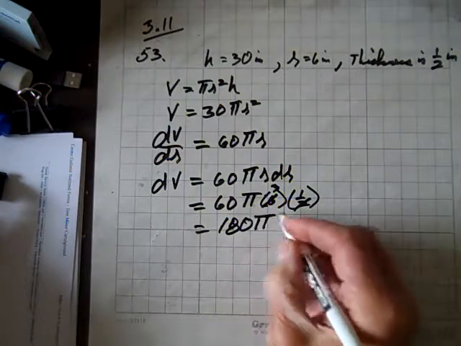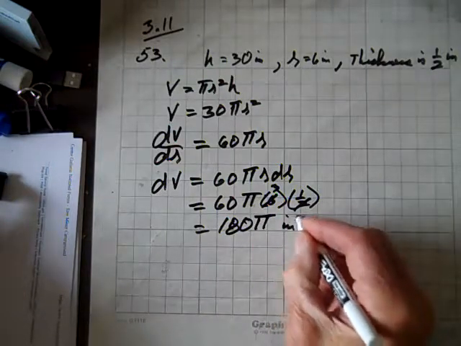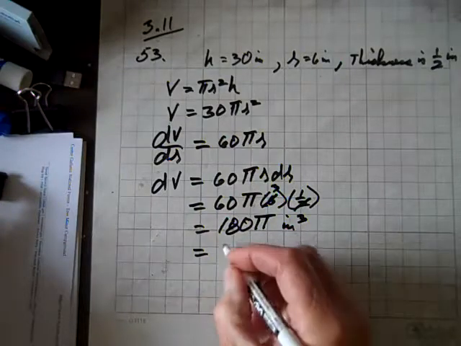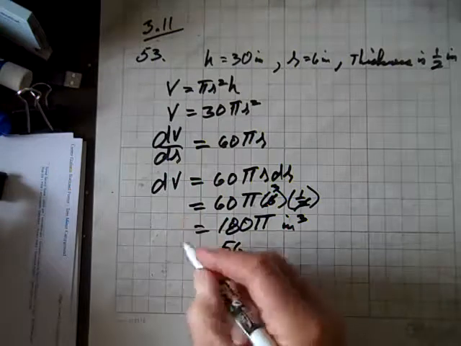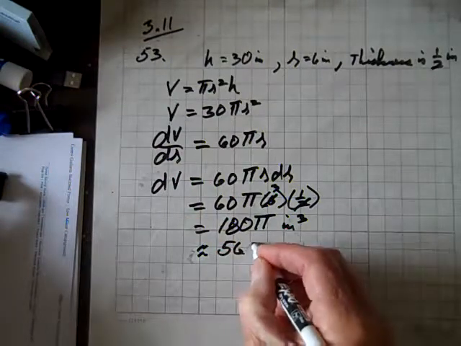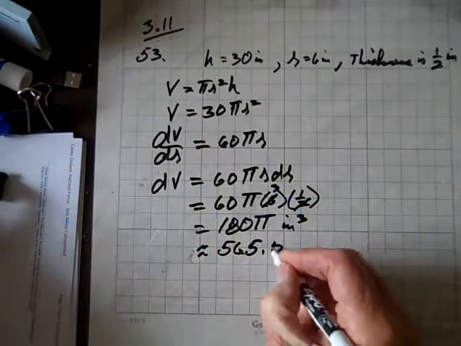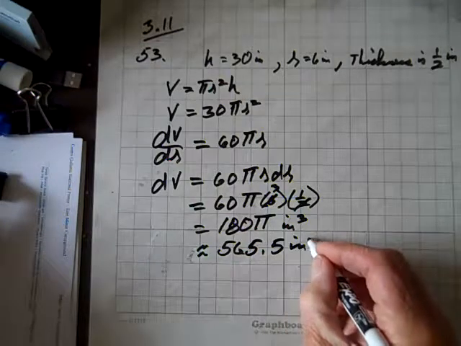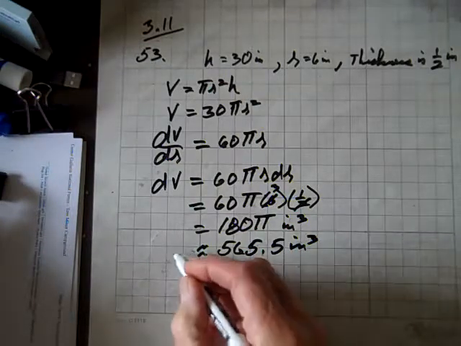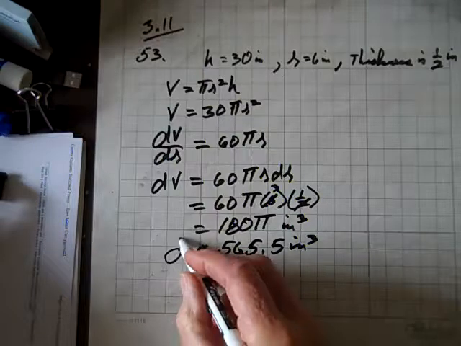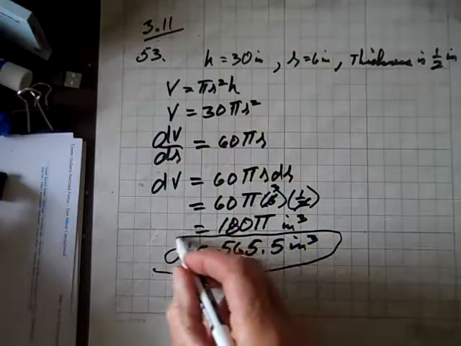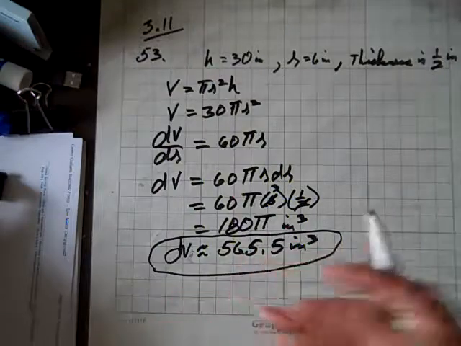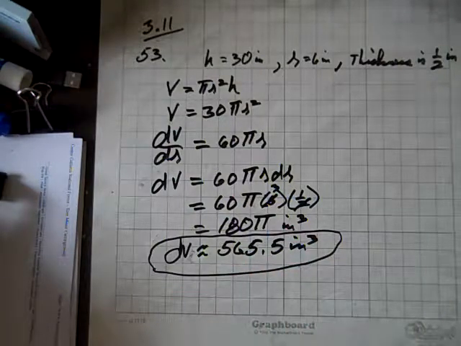And there's our pi, and that's going to be inches cubed. And if you run that through a calculator, you get approximately 565.5 cubic inches. And so we just made an approximation of what that change in volume would be, which corresponds to the volume of the material it took to create that pipe.